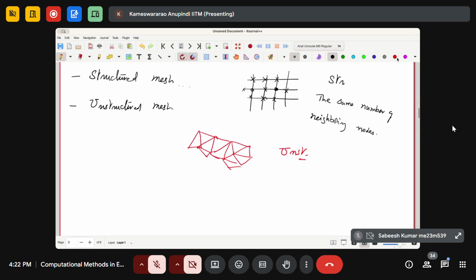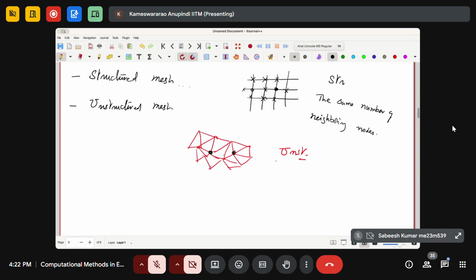Whereas if you take certain meshes, for example this triangular mesh, if you pick any vertex here, this vertex may have more nodes around it compared to another vertex here. This basically depends on how many triangles are sharing this vertex, right?